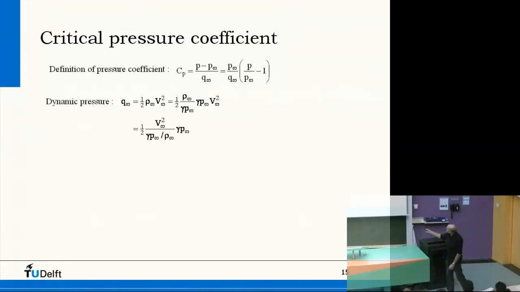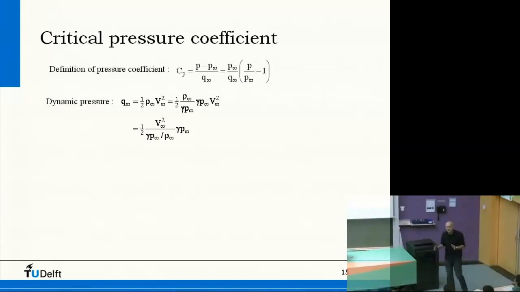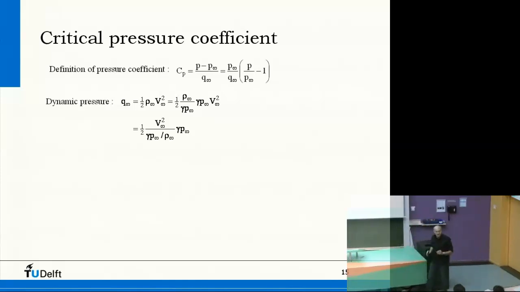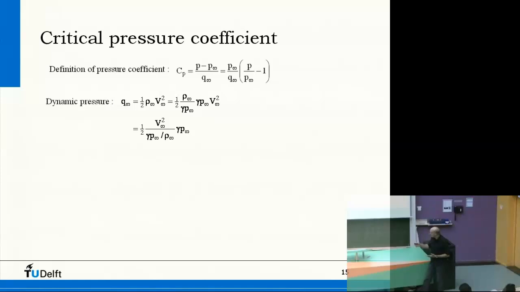The dynamic pressure Q infinity is half rho infinity V infinity squared, is half rho divided by gamma P infinity, and you know where it's going, because this gamma and this rho divided by P has something to do with the Mach number. If you remember that the velocity of sound is the square root of gamma RT, is the square root of gamma times P divided by rho, the density.